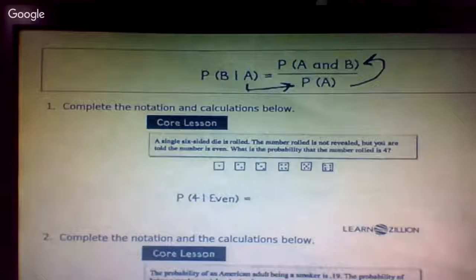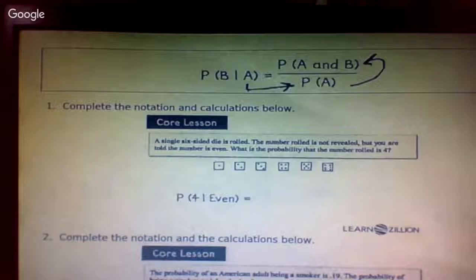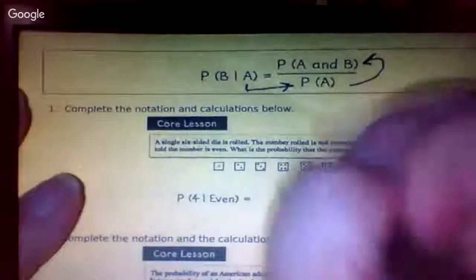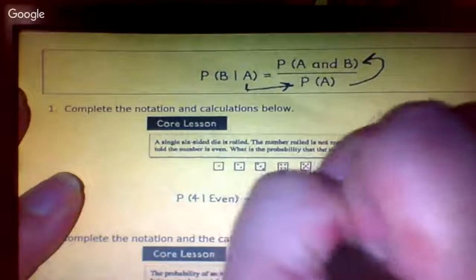So, we have a 6-sided die being rolled. We just did this one, except we looked at a 2. What is the probability that I have a 4 given that it's even? So in the bottom, we want the probability of an even number.